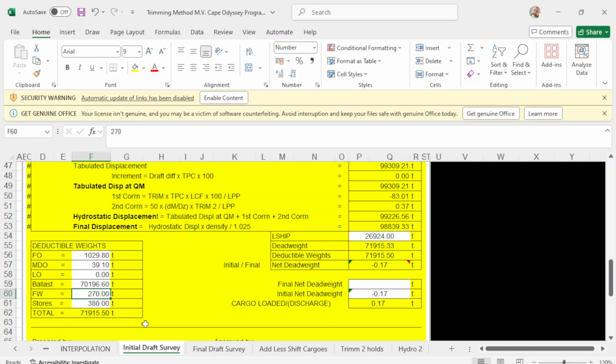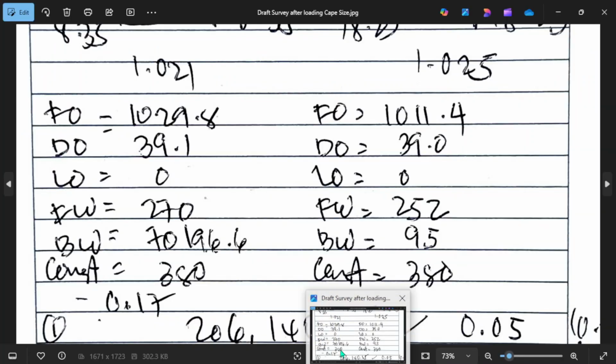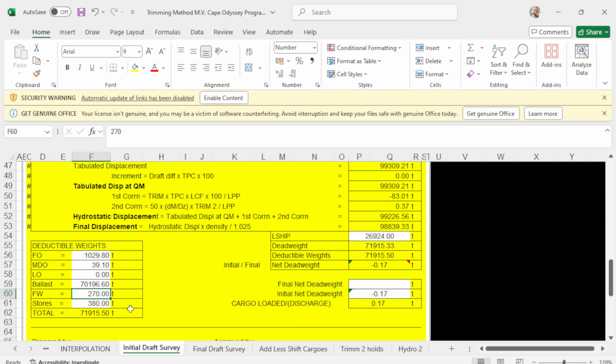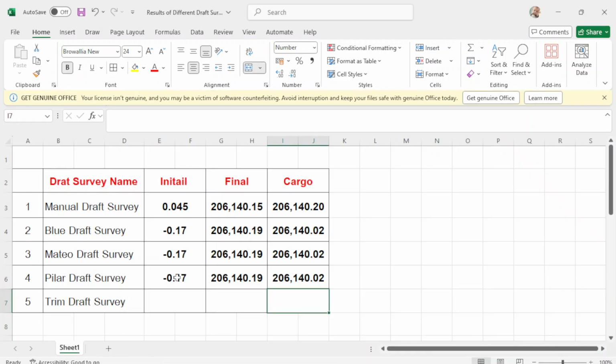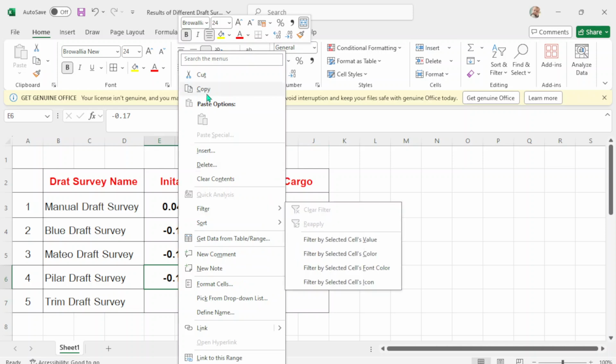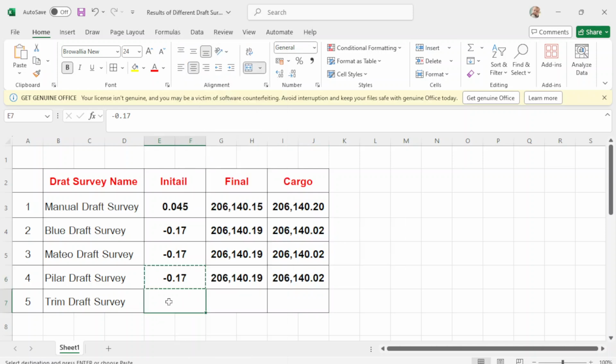Your fresh water is 270, and your constant is 380, and your cargo is negative 017. Okay, so put here negative 017, copy.